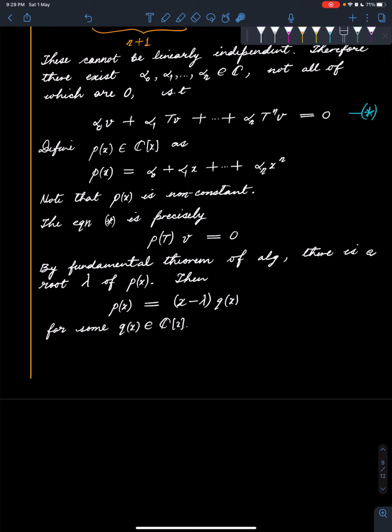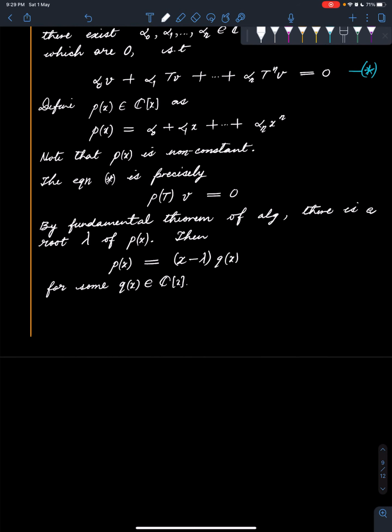So now, since we have P(T)v equals 0, we get (T minus lambda I) Q(T) v equals 0. We just use the fact that P(T) is nothing but T substituted here composed with T substituted here.